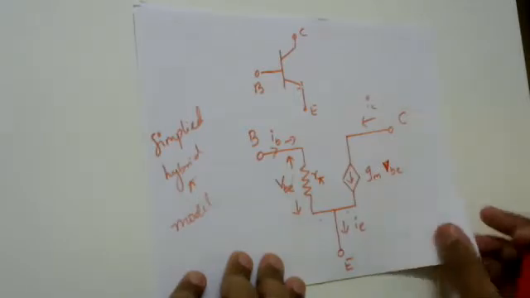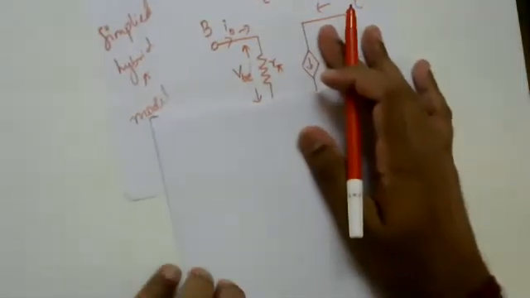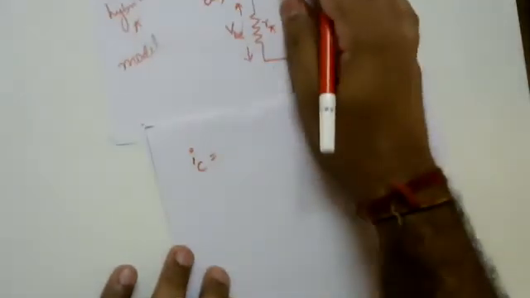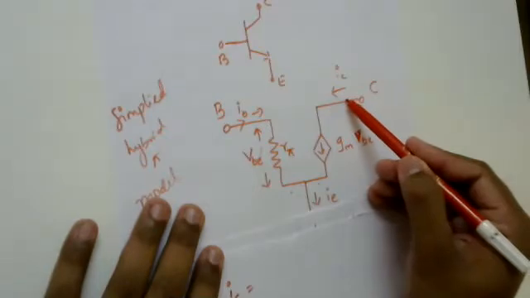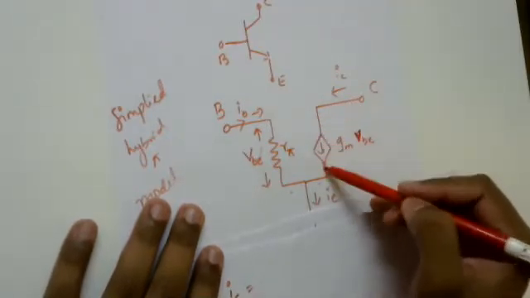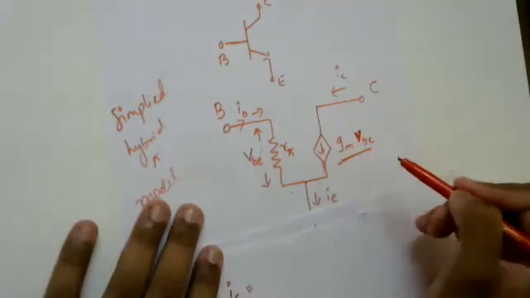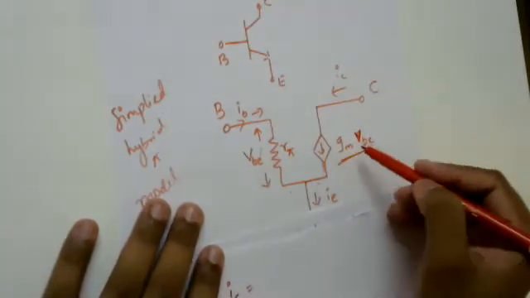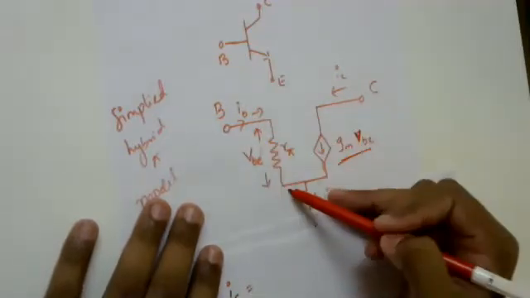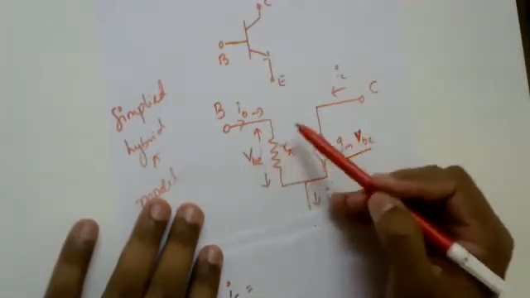Now if I start working on my equations, I know what my IC is. If I see this circuit, this IC is going to flow into this branch, and its value is GM times VBE, where GM is the transconductance and VBE is the voltage drop from base to emitter, seen across the resistance R pi.